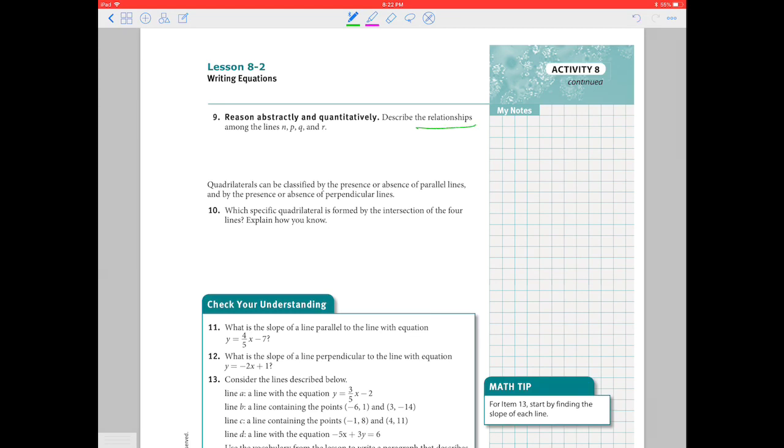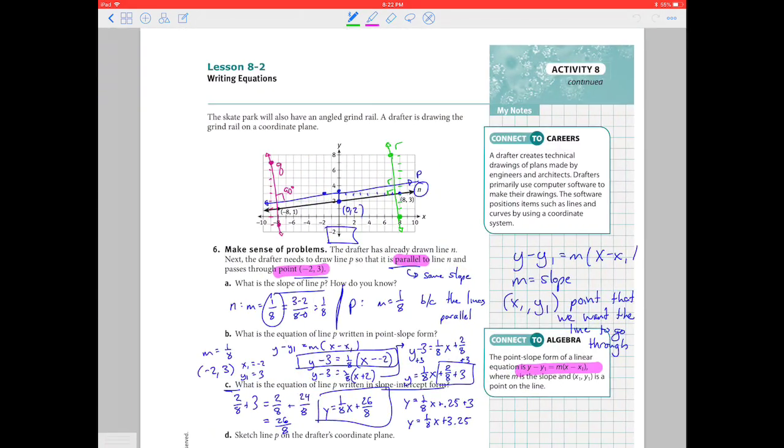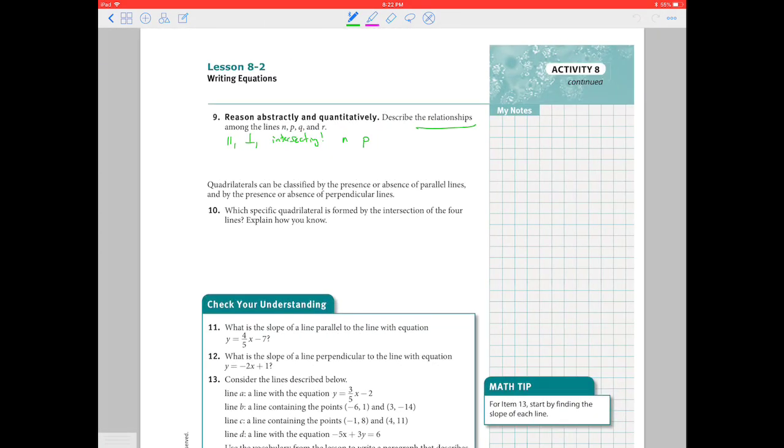Now it says describe the relationships between N, P, Q, and R, those lines. So this means decide if they're parallel, perpendicular, or just intersecting. All right, so if we look at this, N and P, we can go back to our graph and see this, or just use our slopes. So let's just do that real quick. The slope of N was 1/8.